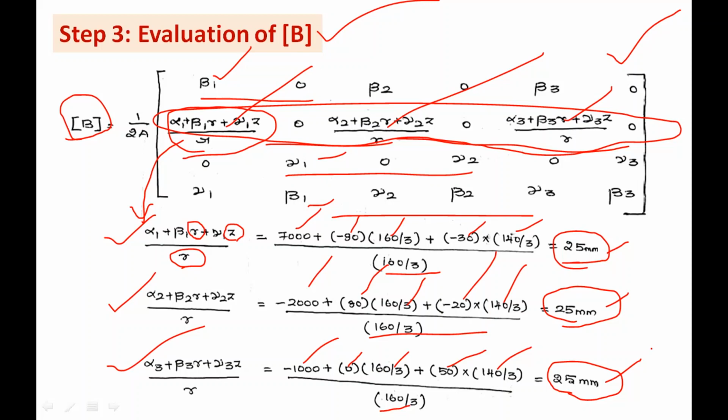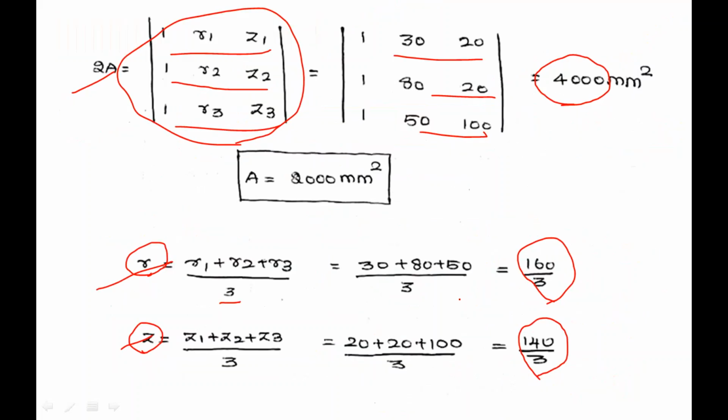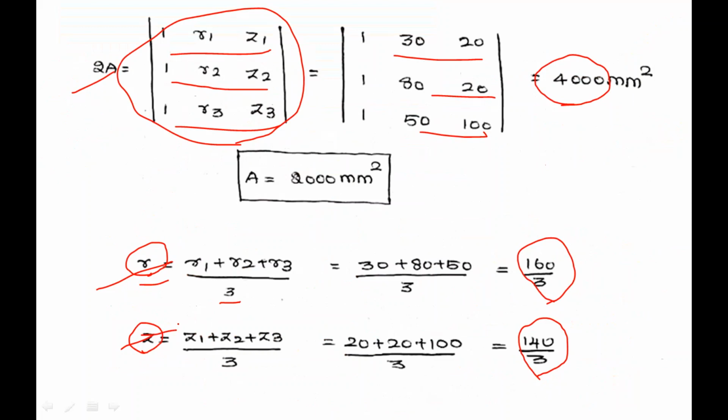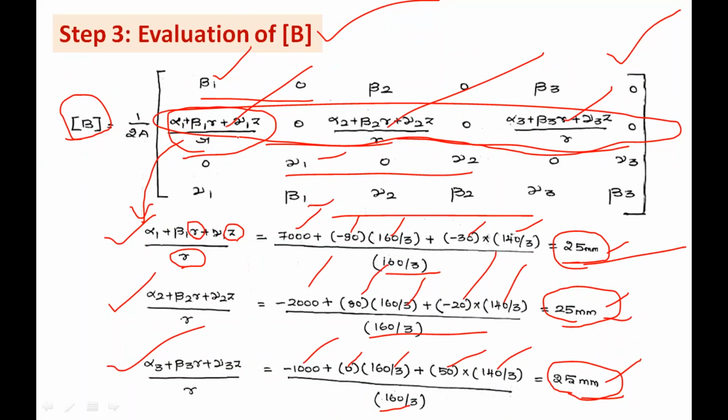That is why we are getting the values 25, 25, 25. So this is one form of checking our alpha, beta, gamma values also. If you don't get this common value in the three terms, then we have to check our alpha, beta, gamma values and the r, z values.